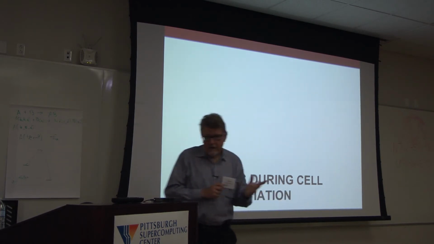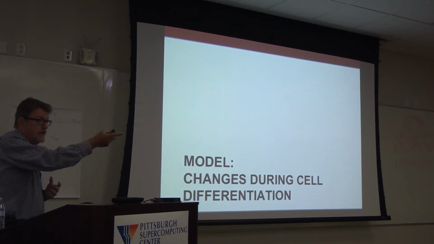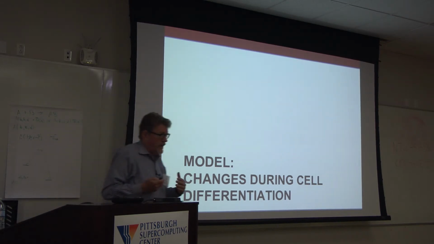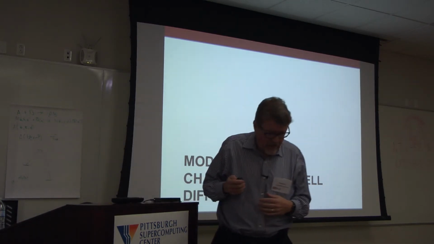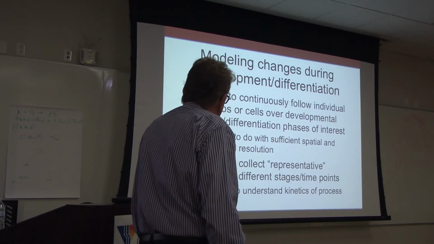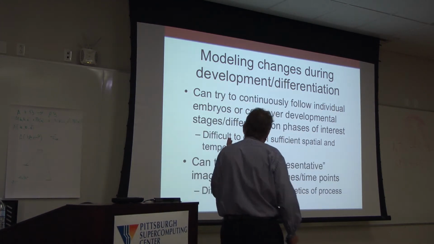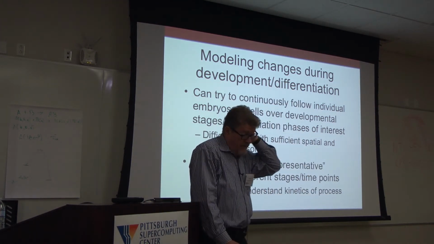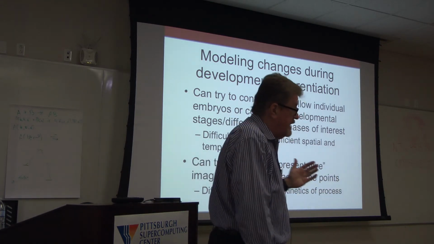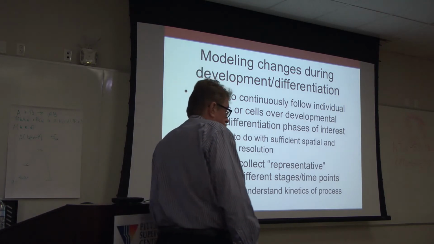What I will talk about, two more quick things. We were talking earlier about changes during the process of differentiation, development, whatever. Very often the problem in studying development or differentiation is that we could try to follow individual cells through the whole process, but with light microscopy we're almost certainly going to burn them out.